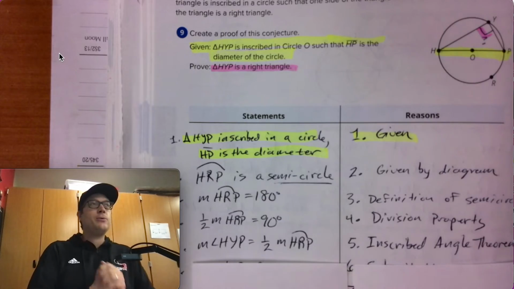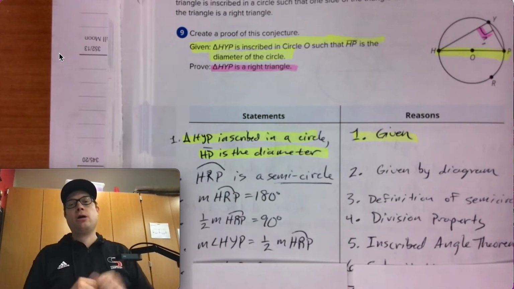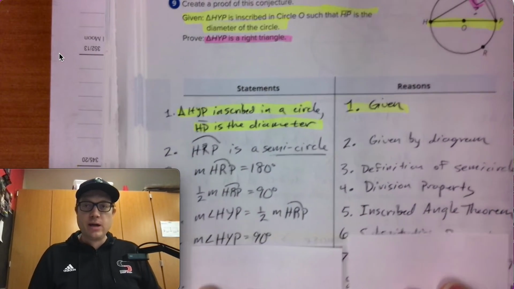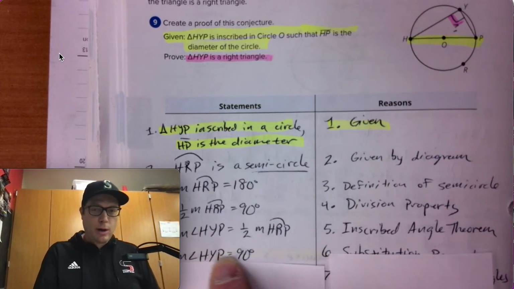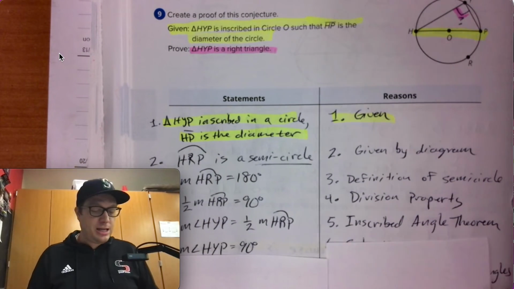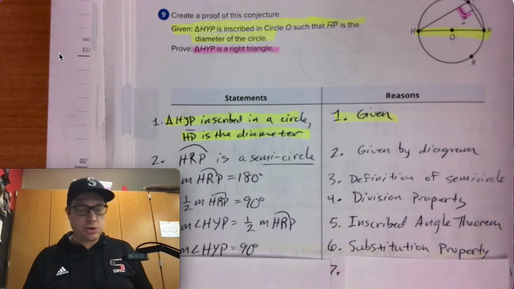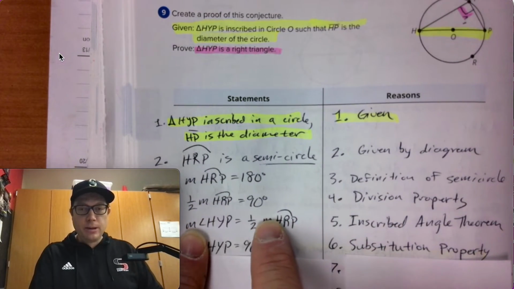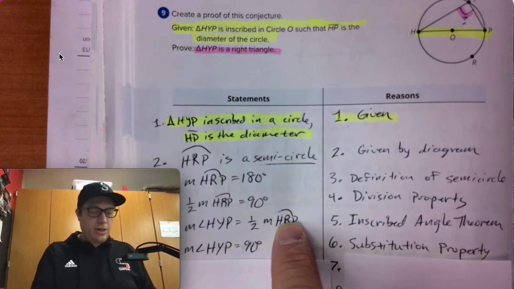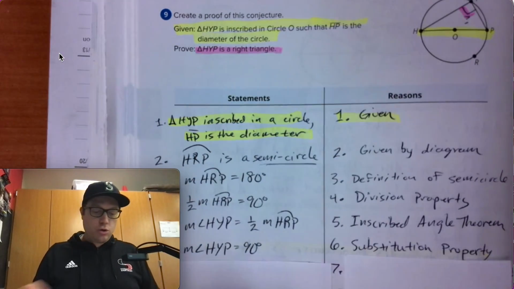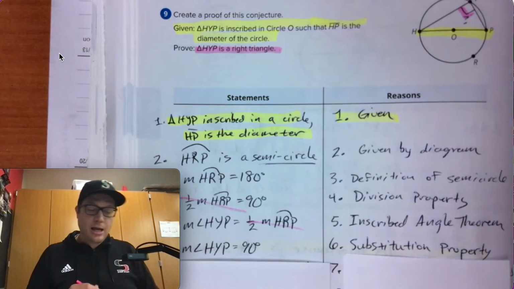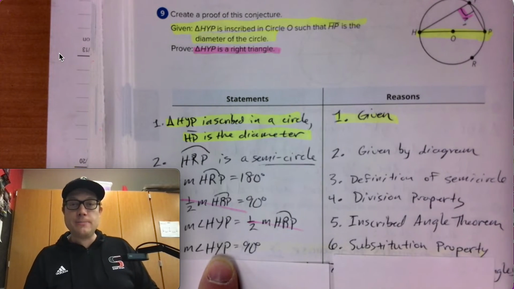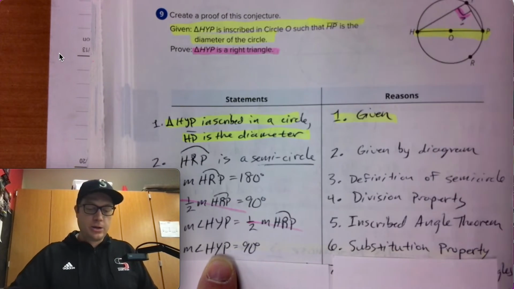We've got an inscribed angle on that arc. It is the 90, so we need to actually say that. We need to say that the measure of angle HYP is 90, and literally that's because we use substitution. Here's a 90, and here's a measure of angle HYP, so here's a measure of arc HRP, and therefore those two are going to get crossed out, and what's left is going to be our next statement through substitution. Substitution property goes next.